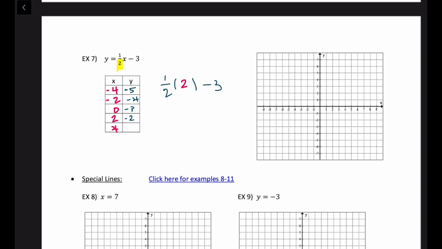And when we plug in 4, that gets us -1. So there's your table filled out, and we can plot those points. Left 2, down 4, just down 3, right and down, right and down. And that is your picture of 1/2 x minus 3.